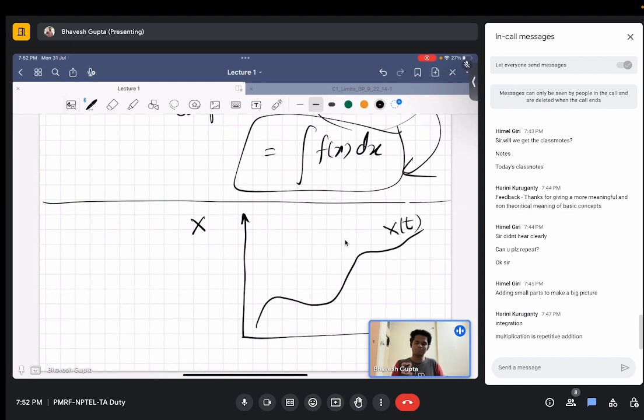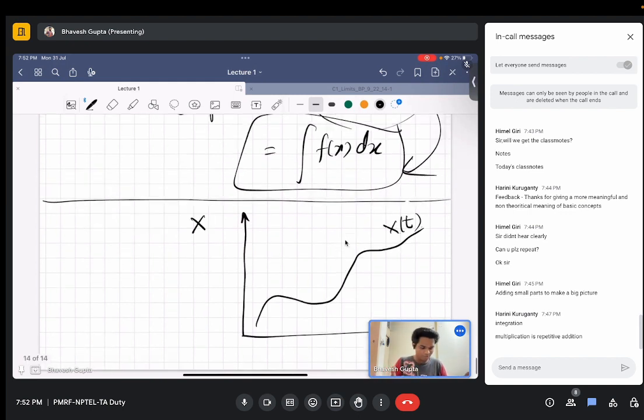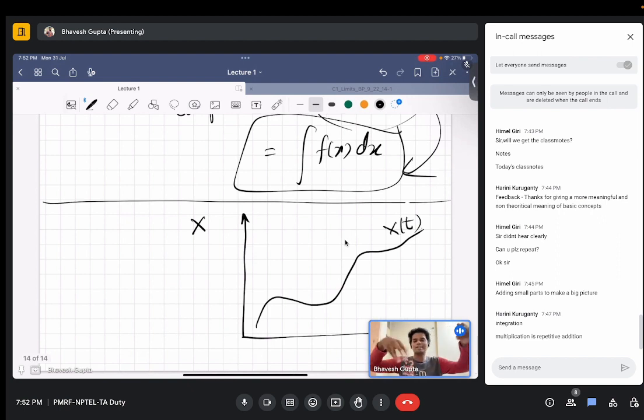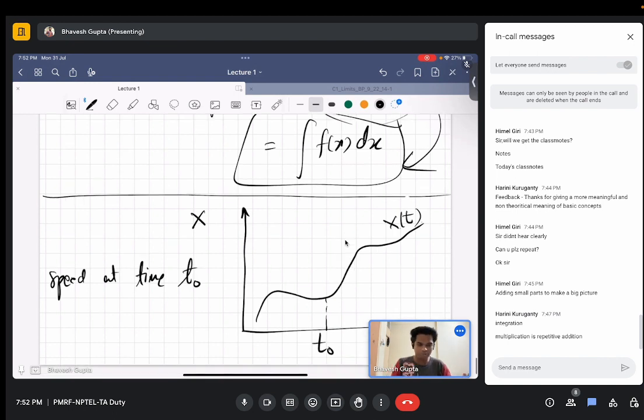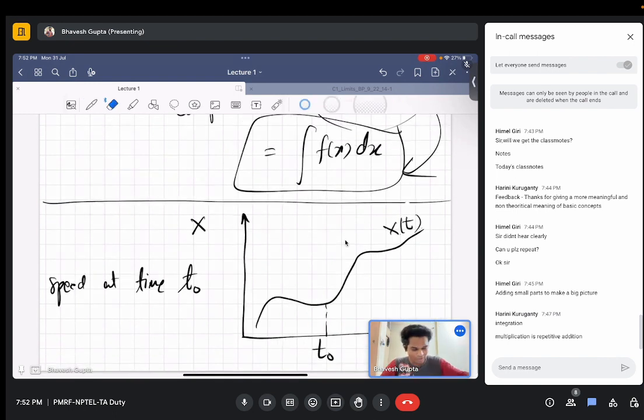Let's say we have a graph, and you know what this graph tells you? It tells you the location of that particle at each and every time. My idea is to calculate the speed at time t0. What do you think we should do? How do we get this?